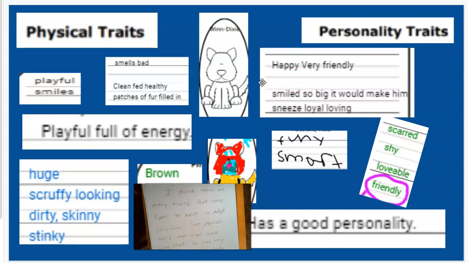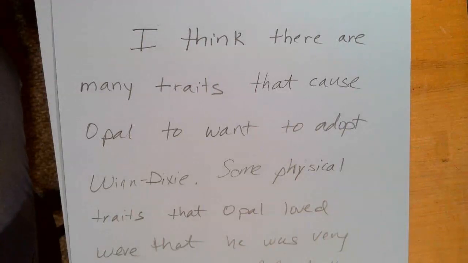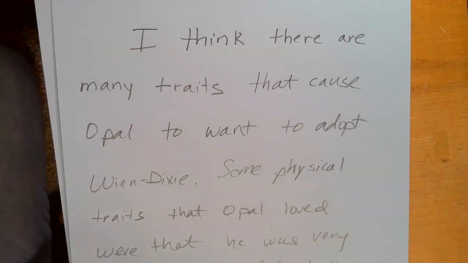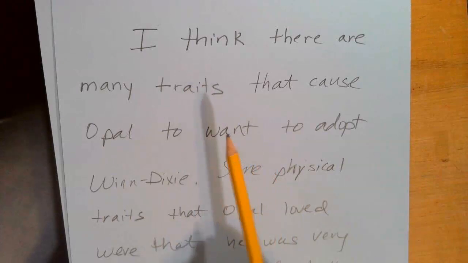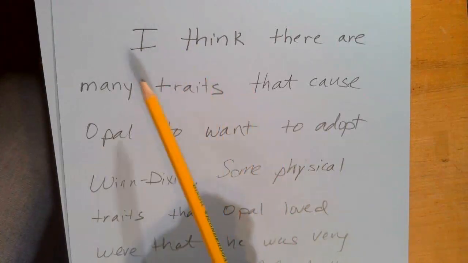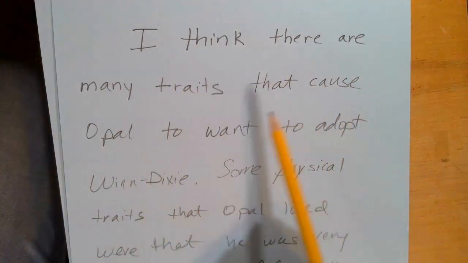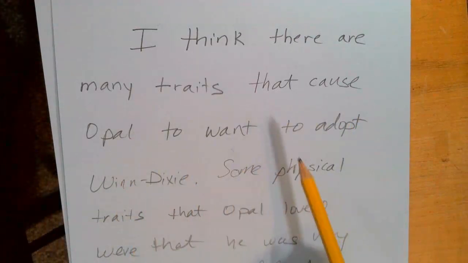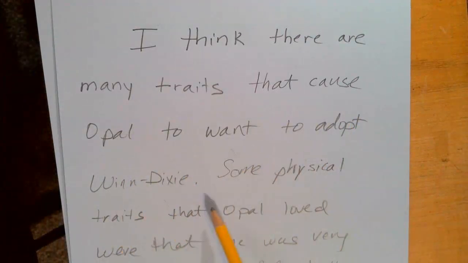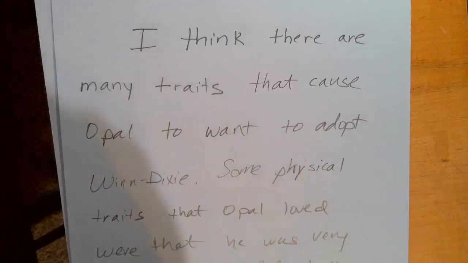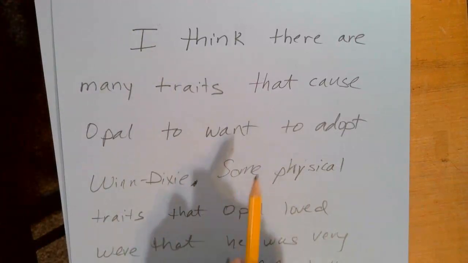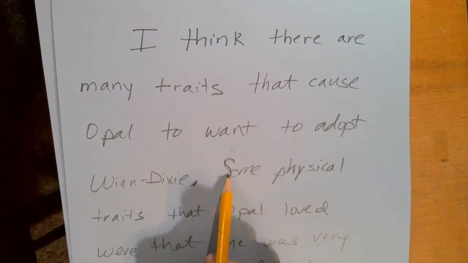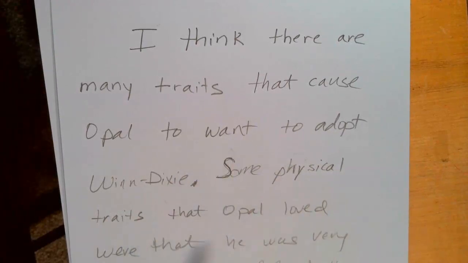So let's add another sentence. When you're writing a paragraph, it's a good idea to stop, reread what you have, and fix any mistakes along the way. I think there are many traits that cause Opal to want to adopt Winn-Dixie, period. Make sure your next sentence starts with a capital S. Some physical traits that Opal loved were that he was very cute and playful.